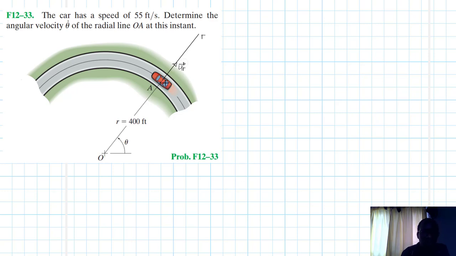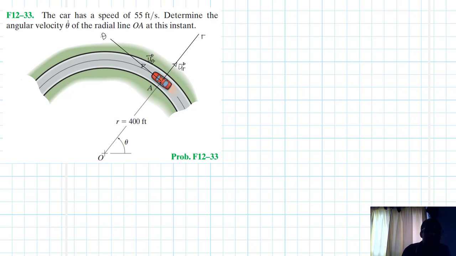And then we have the direction for our angle, which is theta, and the unit vector is u theta, like so.